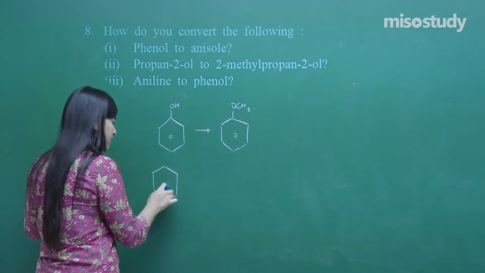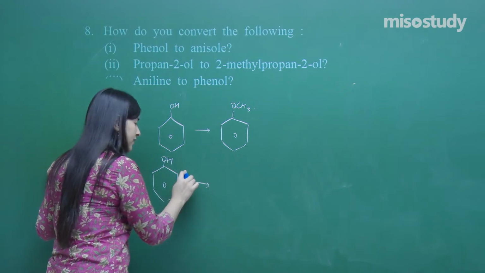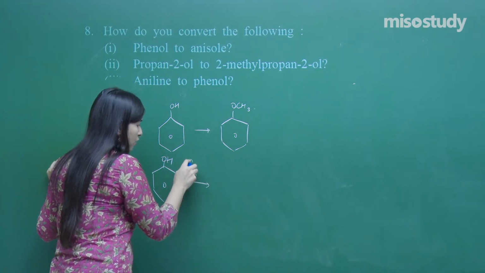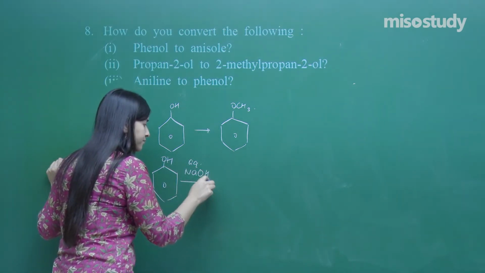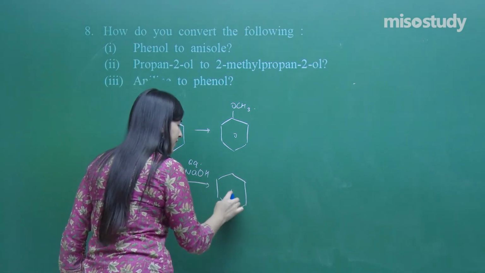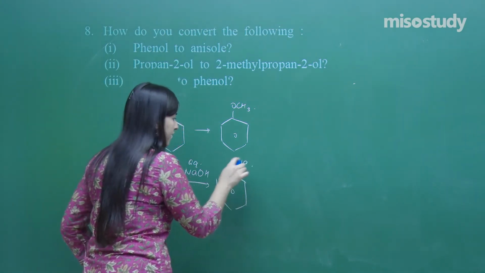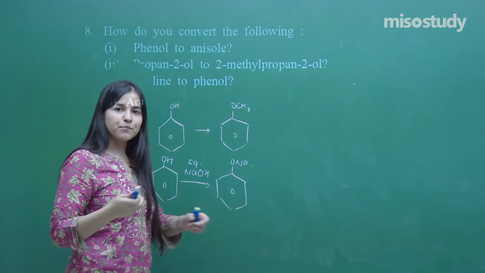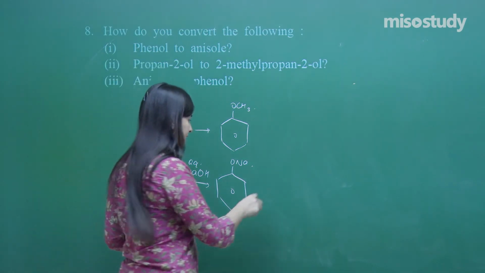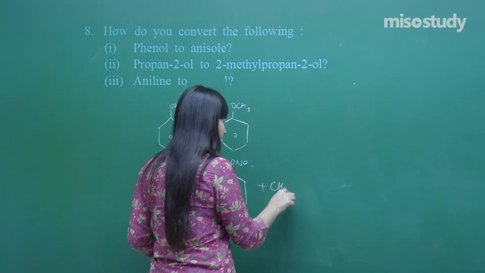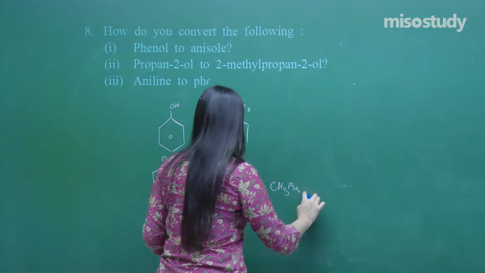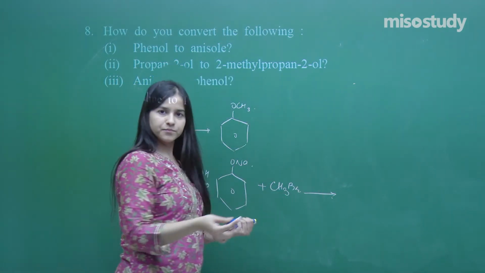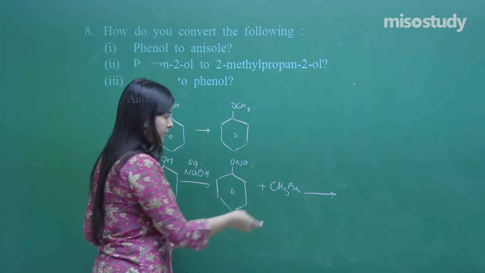What I am saying here, see, OH, right, phenol. Can I convert it into phenoxide? Definitely yes. Aqueous NaOH I am using. Phenoxide ion, ONa, right? Can I just have a simple substitution reaction over here? Yes, CH3Br. And now my work is done. What should I do now?